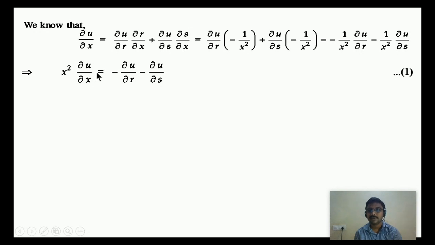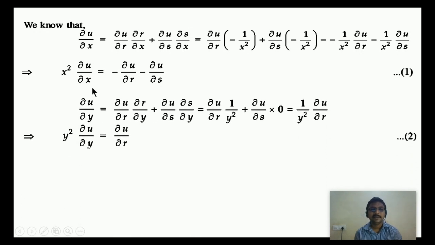Let it be equation 1. Similarly, the ∂u/∂y value is obtained by using the chain rule and substituting the above values, and we will have 1 by y square into ∂u/∂r. Multiplying on both sides with y square, we have y square into ∂u/∂y is ∂u/∂r. Let it be equation 2.